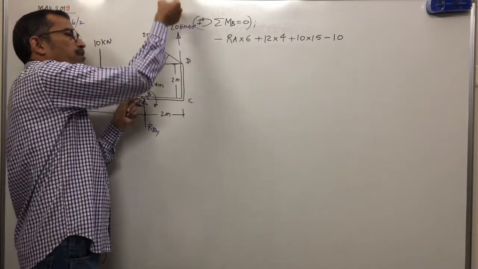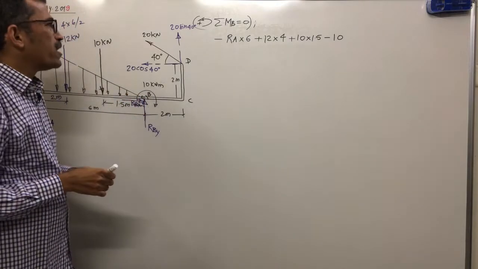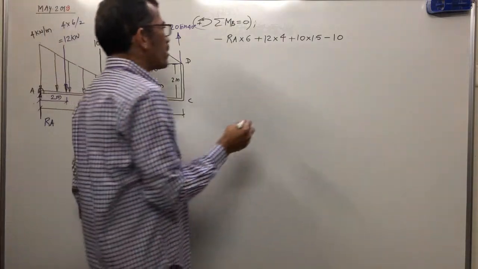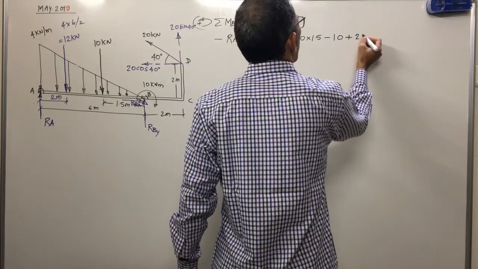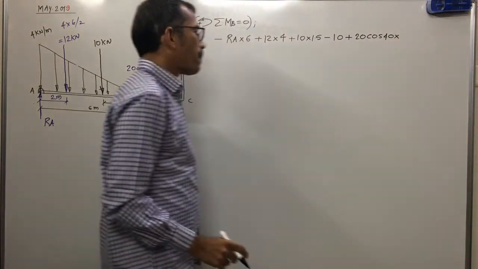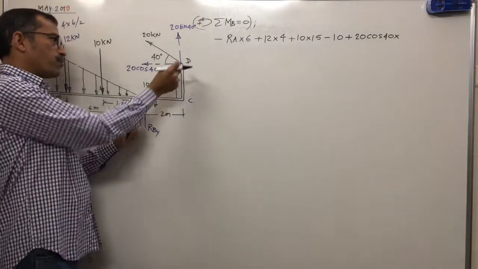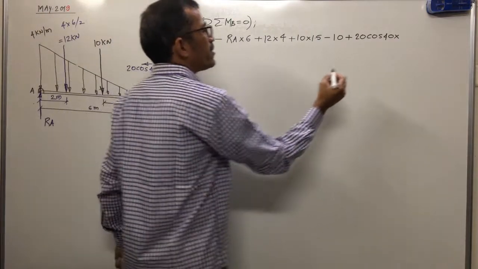Anti-clockwise. Even due to 20 sin 40 it rotates anti-clockwise about B. That means moment of 20 cos 40 is anti-clockwise. Now what is the distance? Moment center is B, force horizontal, perpendicular distance vertical.